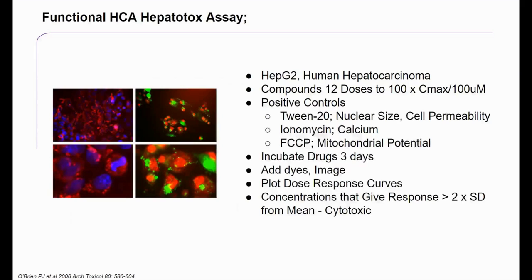The way they would call compounds as being cytotoxic was to plot dose response curves for the 4 different measurements, and then any drug that gave a greater than 2 times the standard deviation from the mean negative control within that dose was then called as a toxic drug.